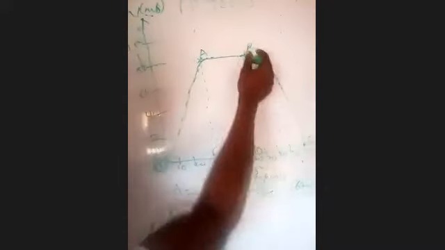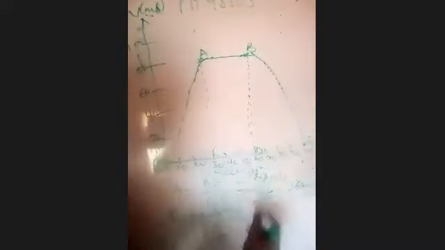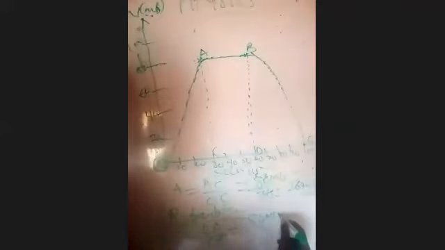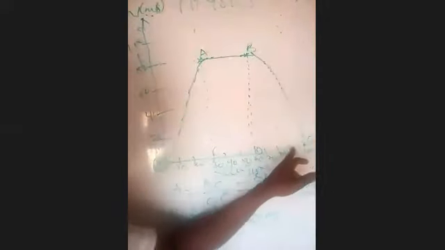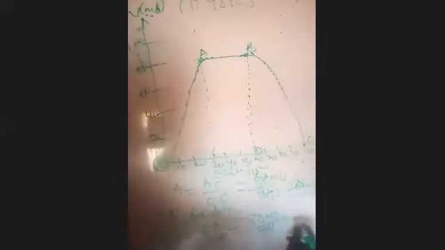BD is 80 meters per second. This is equal to 80 meters per second all over DE. From D, 10, 20, 30, 40. That is 40 seconds. This will give us 80 divided by 40.